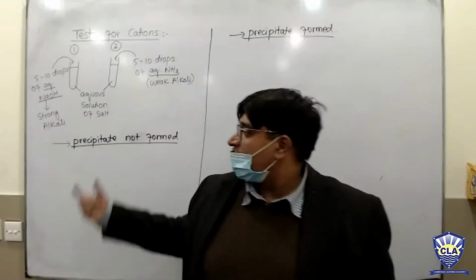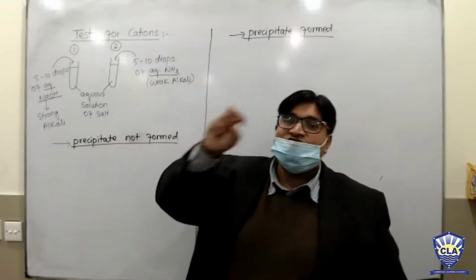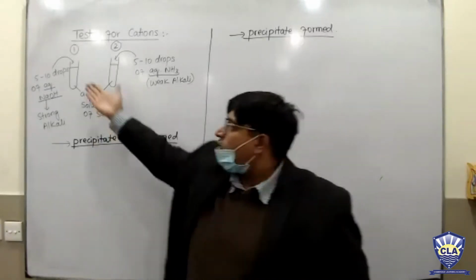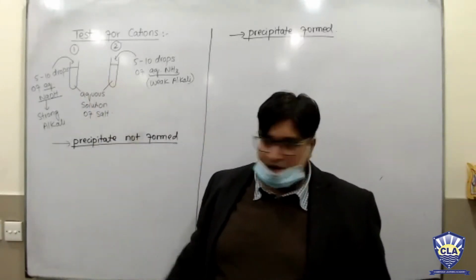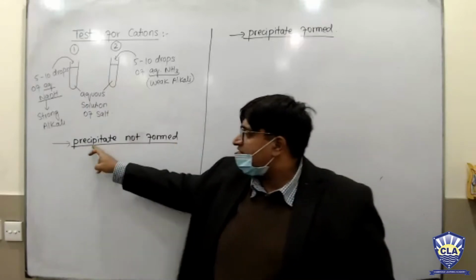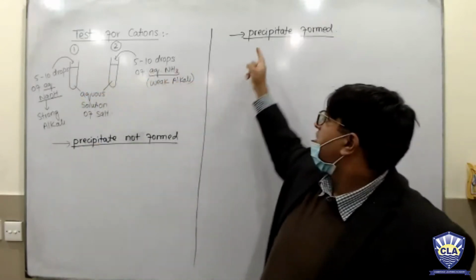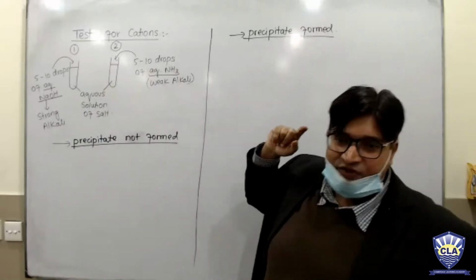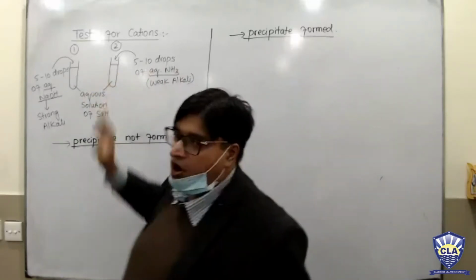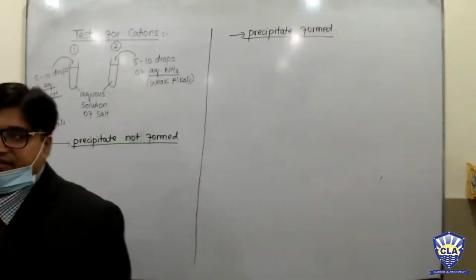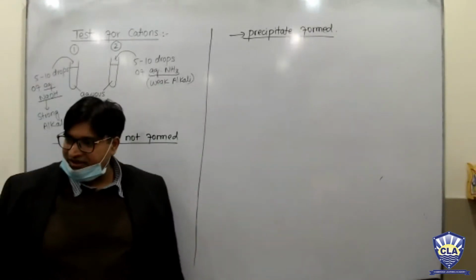You got it? So the word precipitate means the solid particles formed within these two test tubes. So the first option is precipitate not formed, the solid particles are not formed, and the second is precipitate formed, the solid particles are formed within the test tube. Is it clear, my dear?